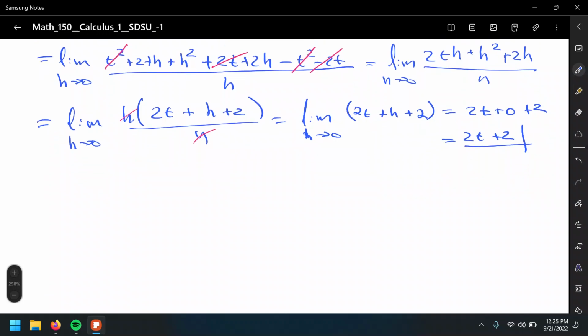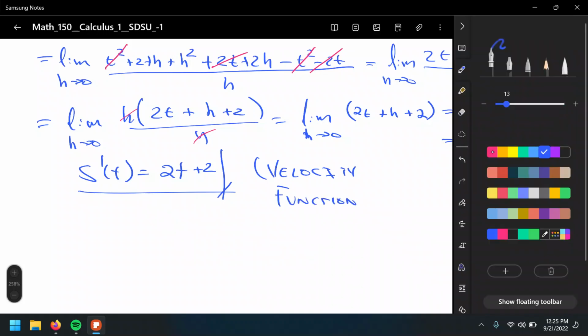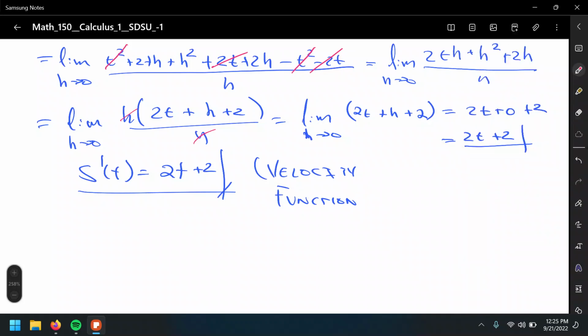In the meantime, s prime of t, which is 2t plus 2, that's the derivative. This is the velocity function. And in this case, it's the velocity. What kind of velocity? Careful, because notice in this case we're not finding the slope between 2 points.